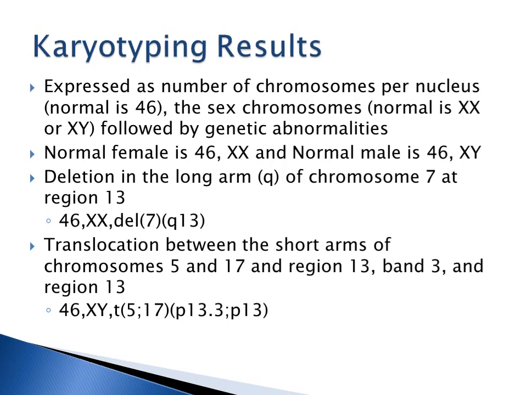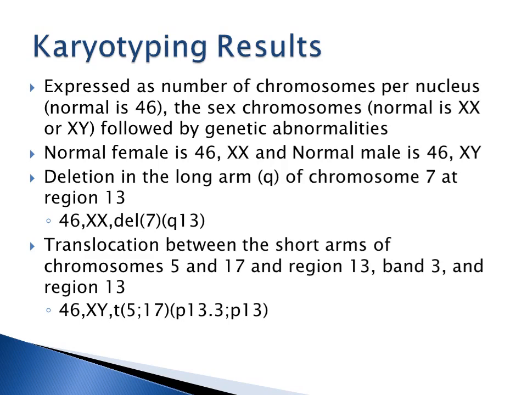So if you had, for example, a deletion in the long arm, which is Q, of chromosome 7 at region 13, it would be 46,XX because you have a female, del meaning deletion, your parentheses 7, which is chromosome 7, and q13 meaning the long arm, region 13.